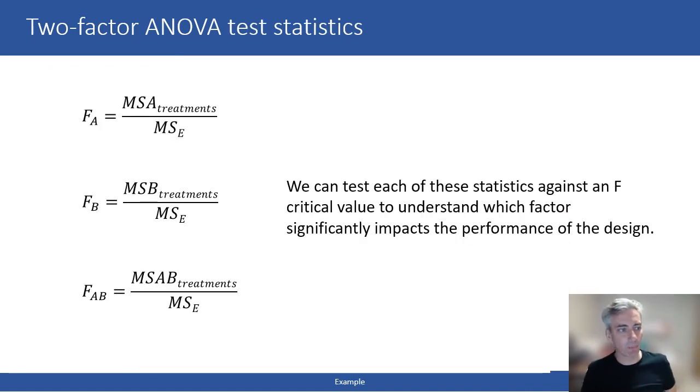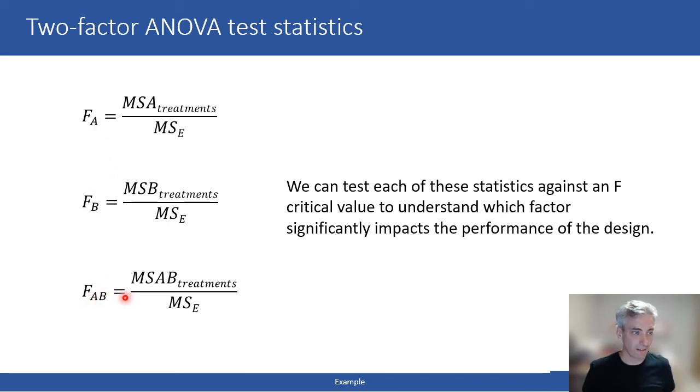So just as in one-way ANOVA, the F statistic is the mean square of the treatments divided by the mean square error. And this time, though, we have 2 different factors, A and B, and their interaction.